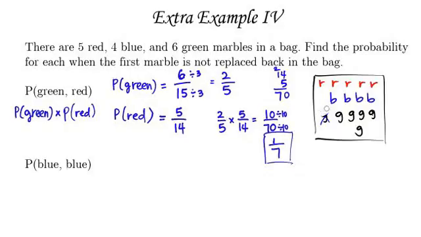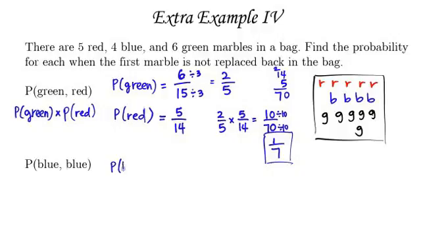Okay, let me write this for this second problem. Now we want to find the probability of picking a blue, and then afterwards, without replacing it back in, pick another blue. So again, 2 dependent events.